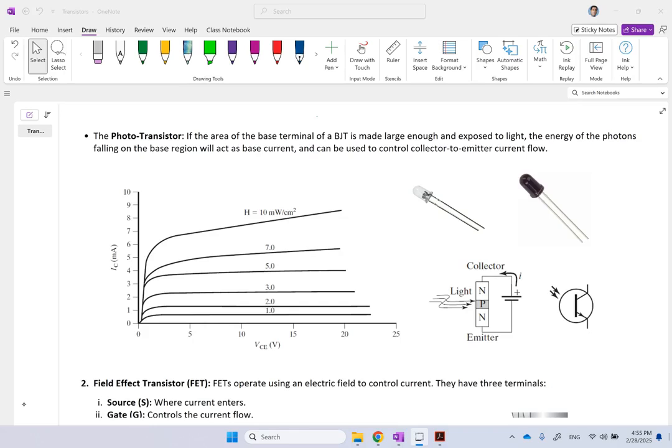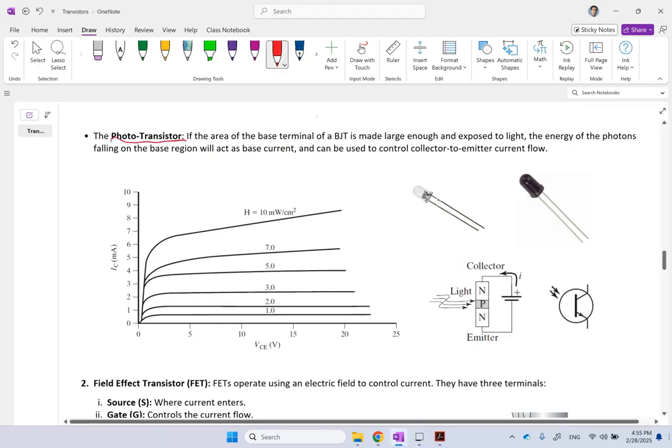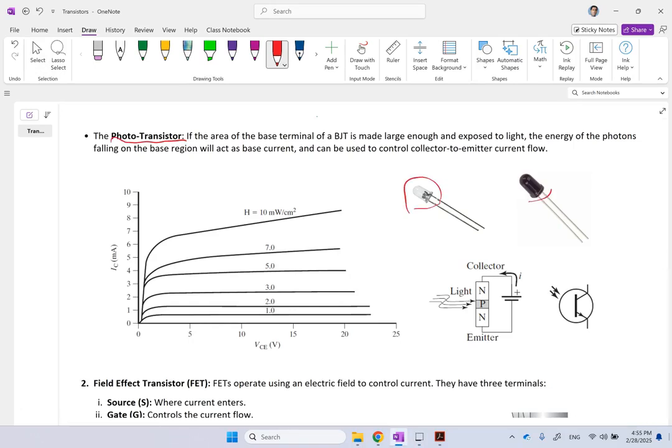Okay, so before I move on to the FET transistors, there is one category of BJT that I need to talk about, which you probably have heard is called the phototransistor. And they might be transparent like this or not transparent.